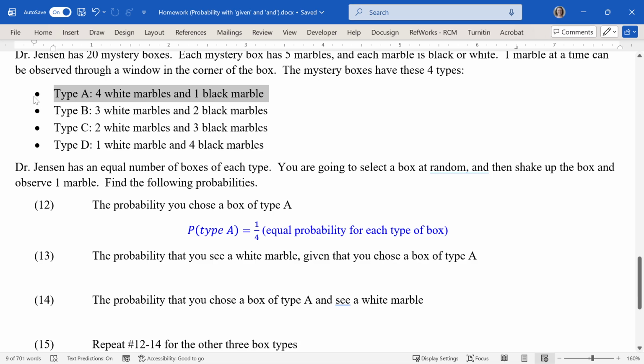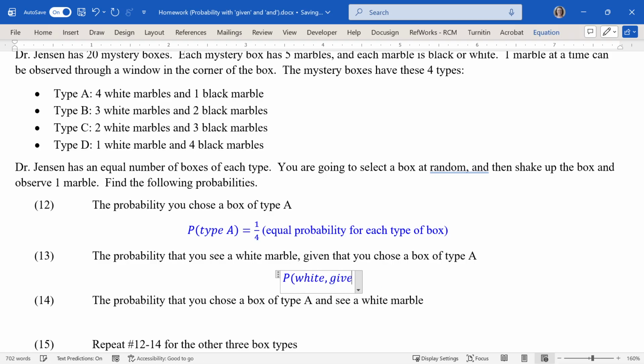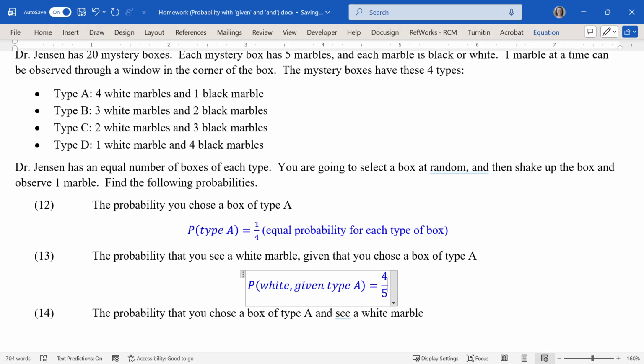So if you know that you're already holding that type of box, now what is your probability of seeing a white marble in that one glimpse that you're going to take through the corner of the box? Well, it's just 4 out of 5. So there's 4 white marbles out of 5 marbles. So that is the probability. Probability of white given type A is 4 out of 5. That's just the proportion of white marbles that are in the type A box.